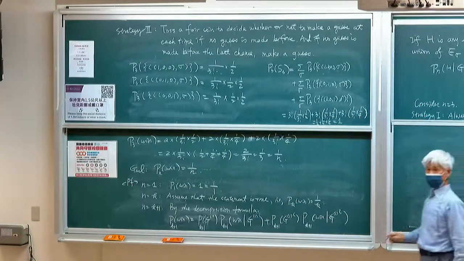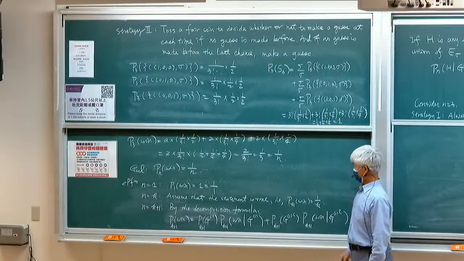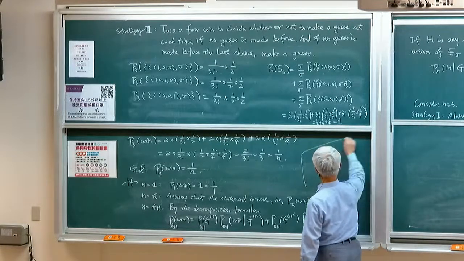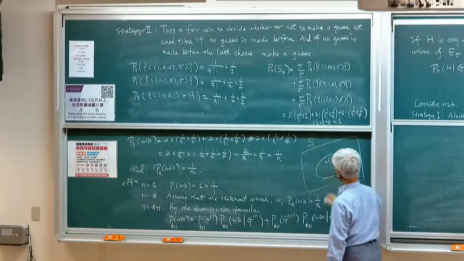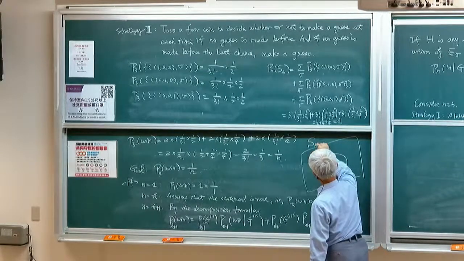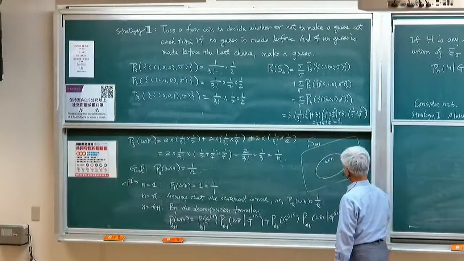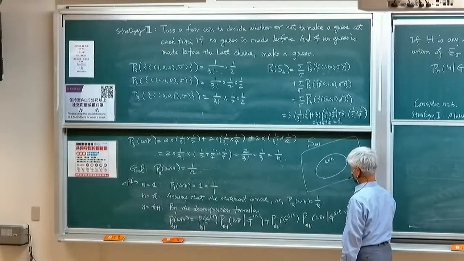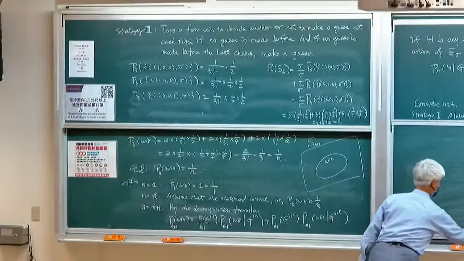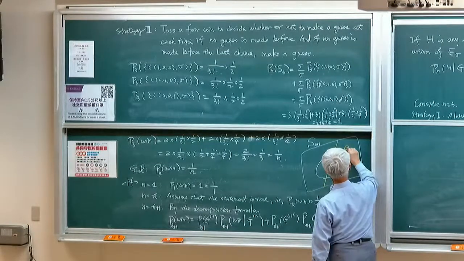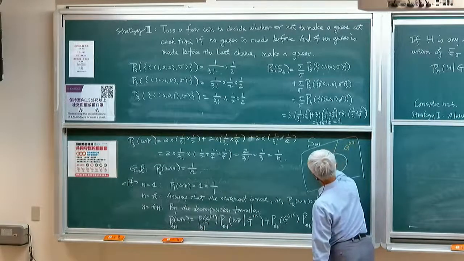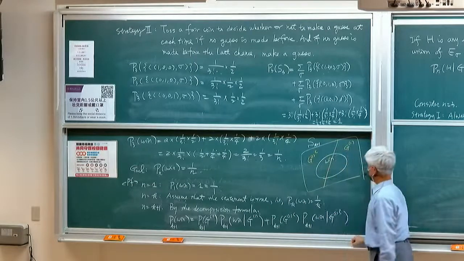Is there any questions? So as we see, this is the win event. This is the sample space, k plus 1. Okay, and we decompose that. So this is G1, this is G1 complement.